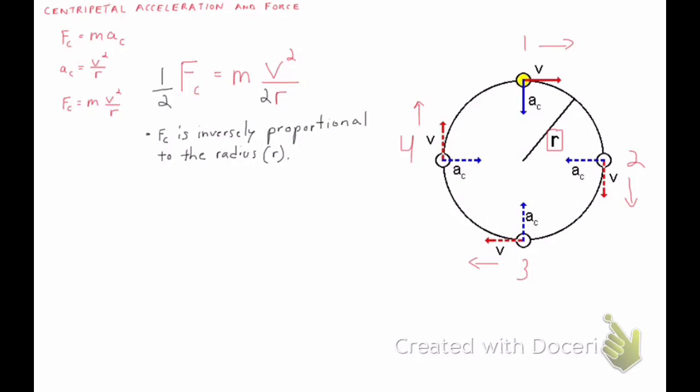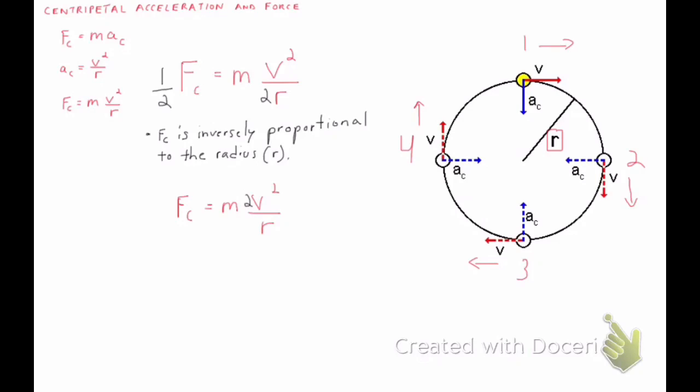All right. What else do we need to know? Well, let's rewrite the formula. Let's put the centripetal force equal to the mass times velocity squared over r. What happens when we, let's say, double the velocity? So if we double the velocity, we put a 2 there. What happens to the force? Well, let's think about this.